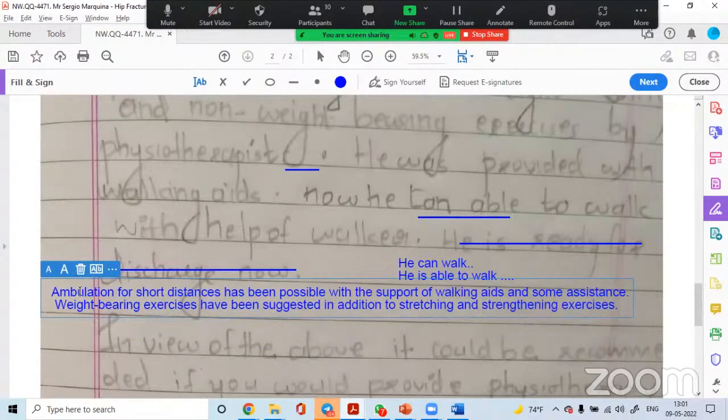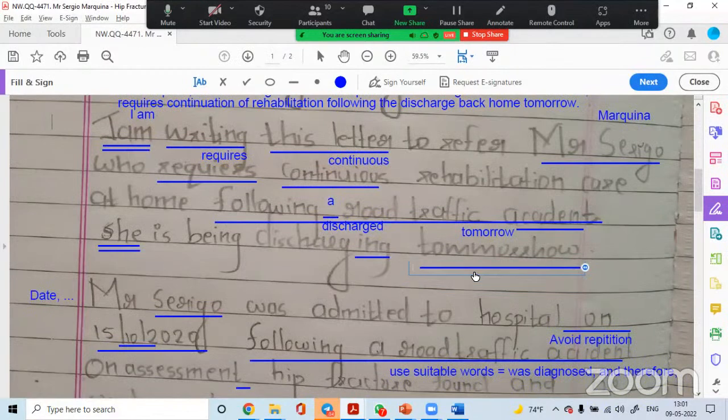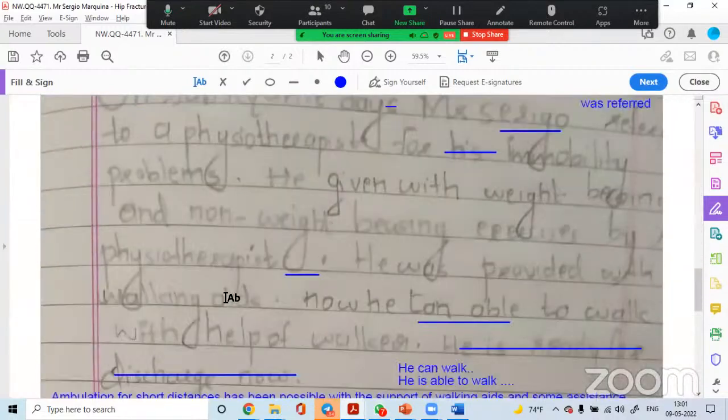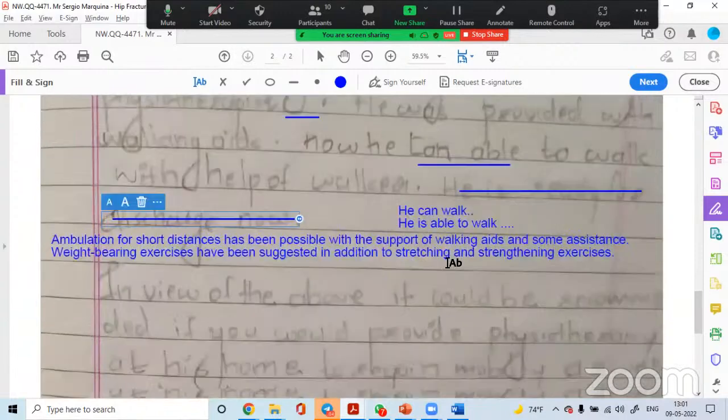Right. So these are the two sentences I have given you here. He's ready for discharge now. No, you wrote here discharge tomorrow in the beginning. Now you forgot, and now you are telling he is discharged now. What do you mean? Now or tomorrow? So you are confusing the reader.